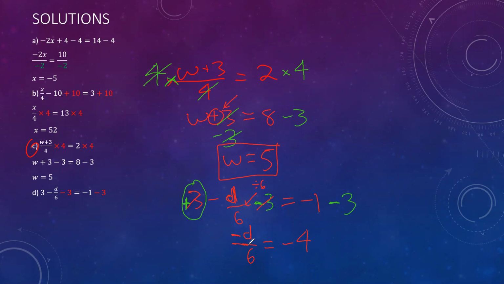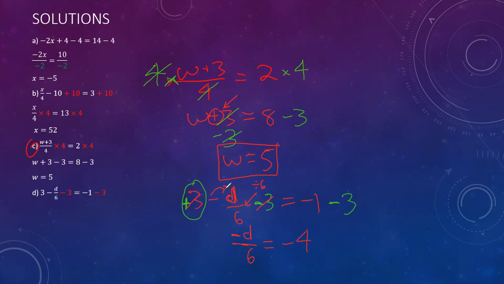The reason I would do that is just so you don't have to worry about the negative in the whole entire fraction. We can simply think of it as -d, or some negative number, divided by 6 gives us -4. It might be easier to think of it that way. I'm simply putting the negative sign in the numerator. It just makes it a little bit easier for me to solve this.